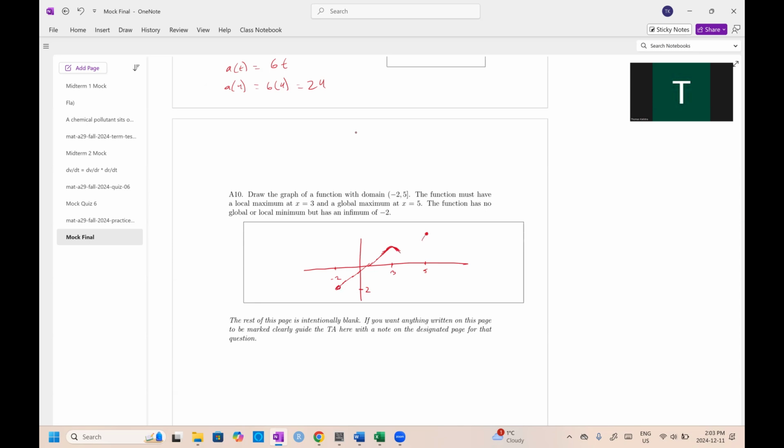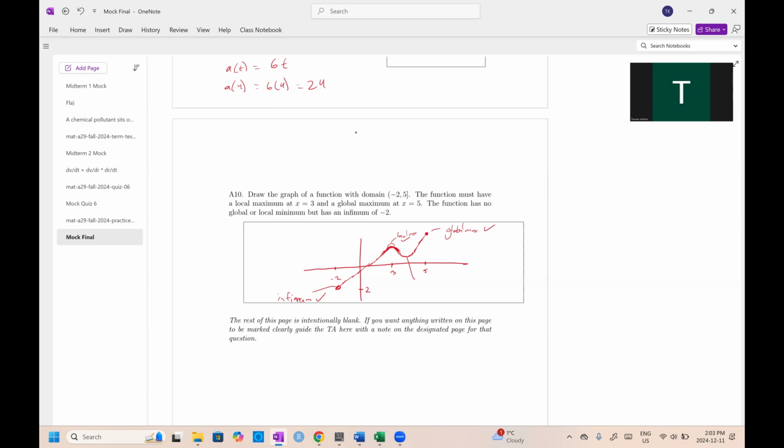And then I come down and I'm really tempted to have this arc. So I have my local max, check. I have my global max, check. I have my infimum at minus 2. But here's my issue.